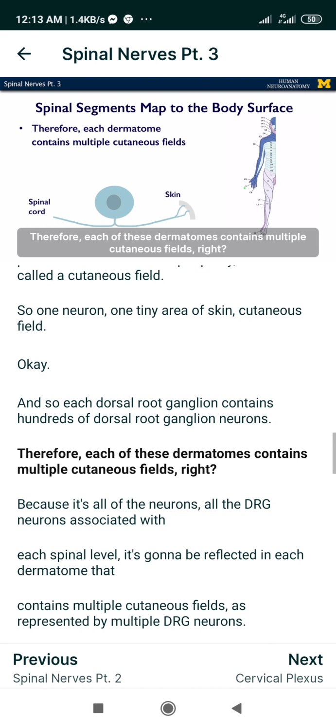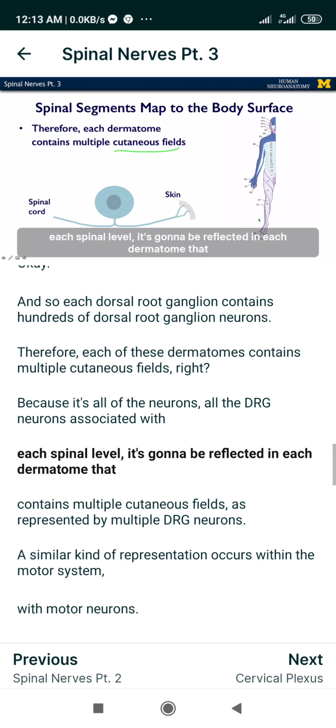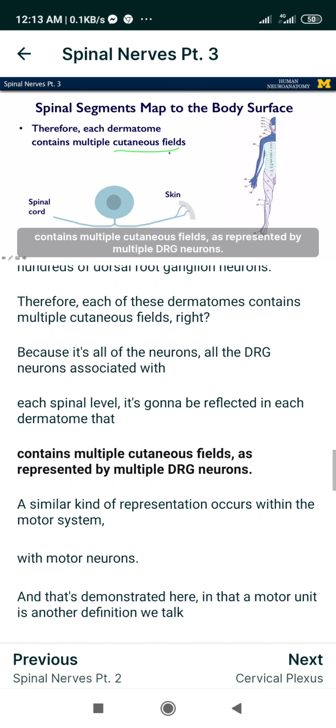Therefore, each of these dermatomes contains multiple cutaneous fields, right? Because all the DRG neurons associated with each spinal level are going to be reflected in each dermatome, which then contains multiple cutaneous fields as represented by multiple DRG neurons.